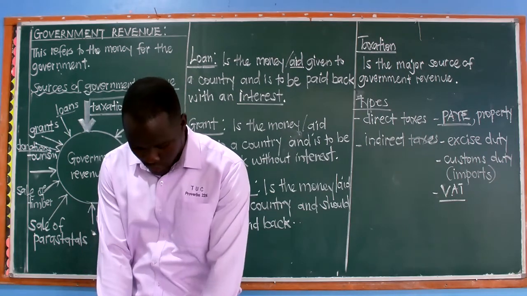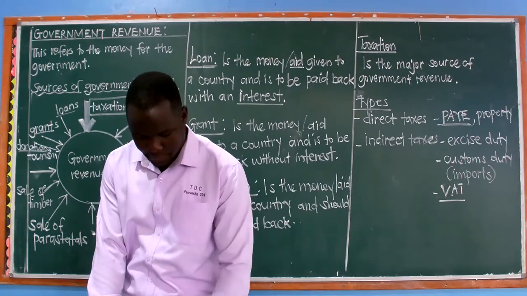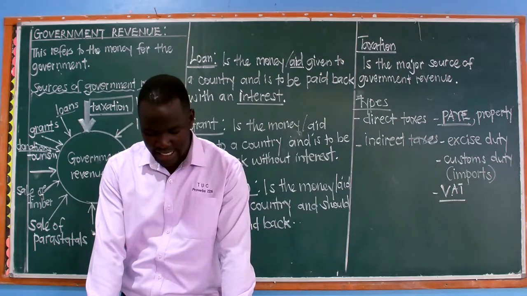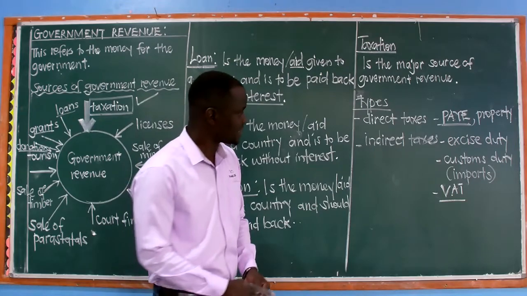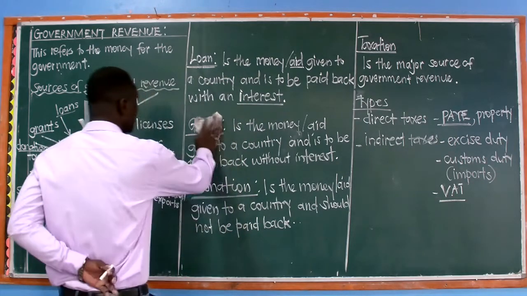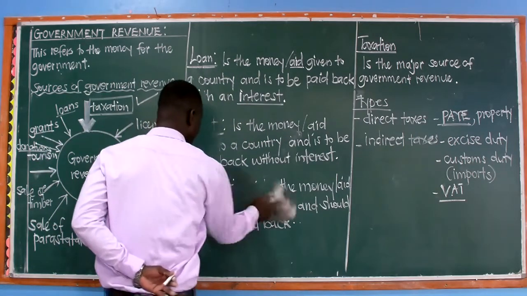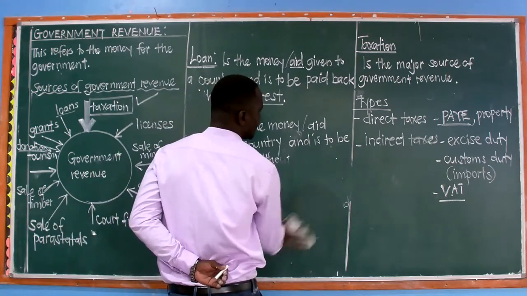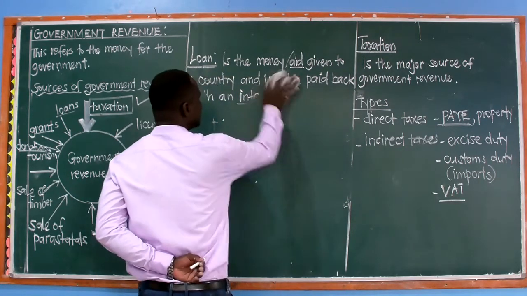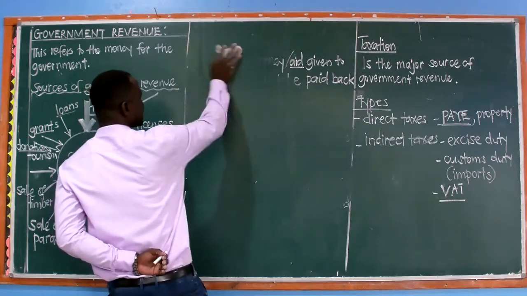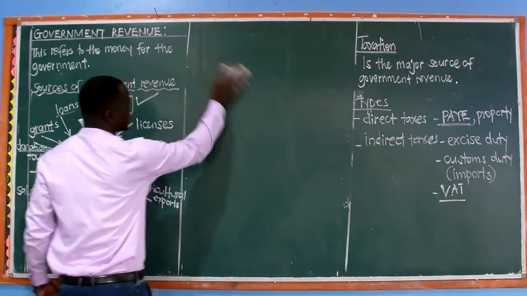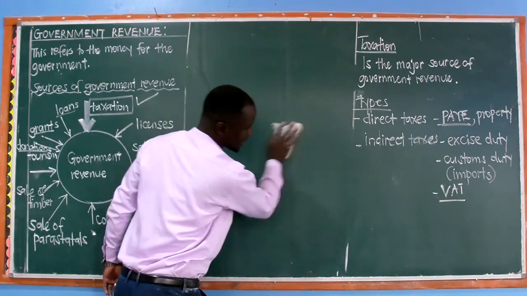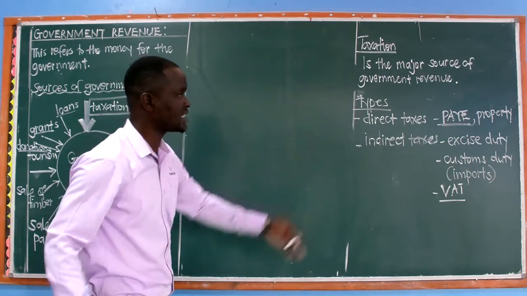Now, we have the Uganda Revenue Authority, that is on page 57. And why do we bring the Uganda Revenue Authority here? It is that body in Uganda which is responsible for the collection of these taxes. We have talked about the taxes.